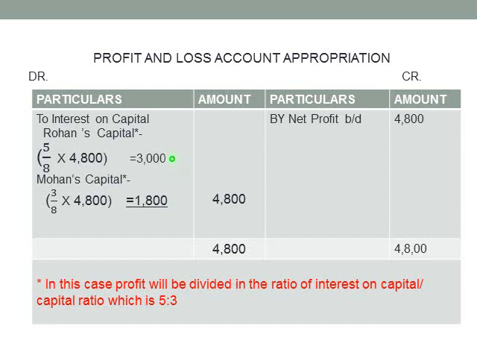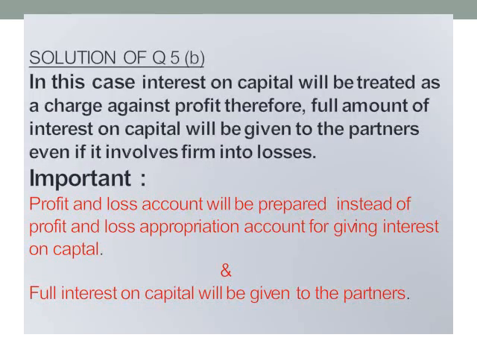So while giving interest on capital, the firm's profits are not turning into losses. The available profit is being given as interest on capital. In the second case, interest on capital will be treated as a charge against profit.